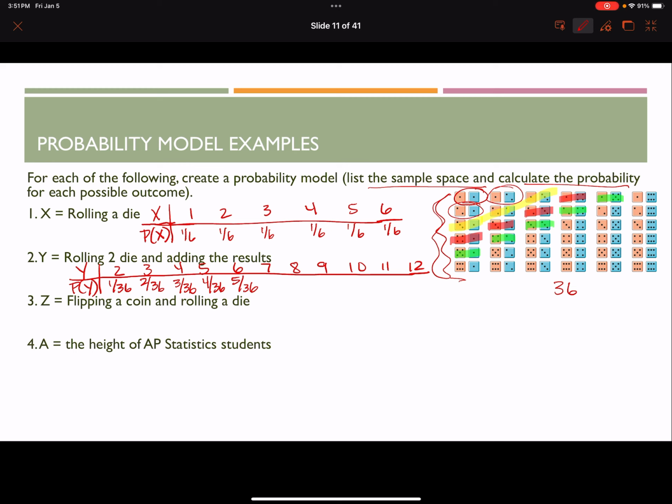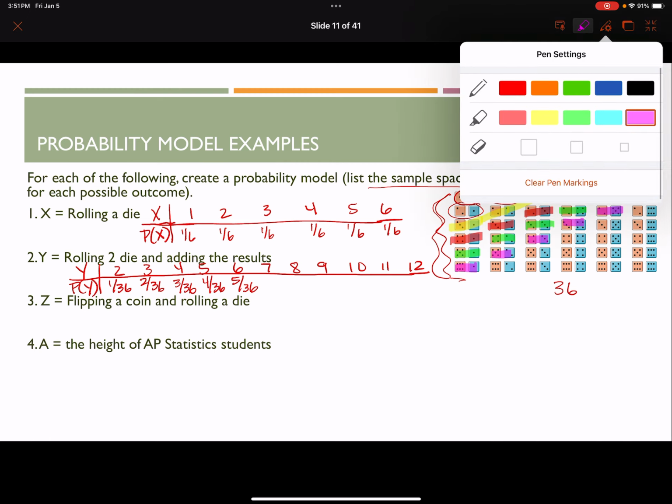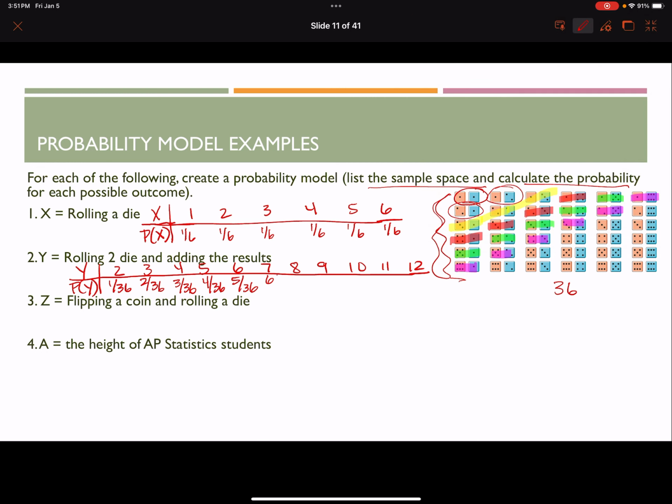So a 7, here's a 7, 7, 7, 7, 7, 7, right? So 6 out of 36. And then my sum of an 8 would be 5 out of 36. And you can probably fill in the rest of this table.